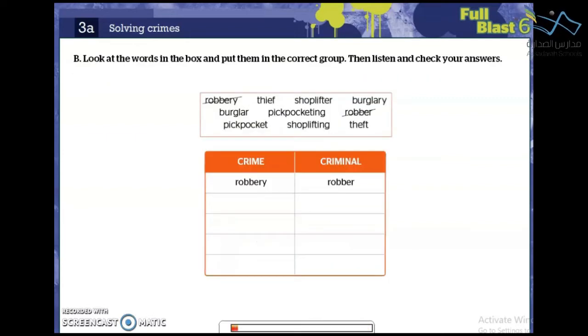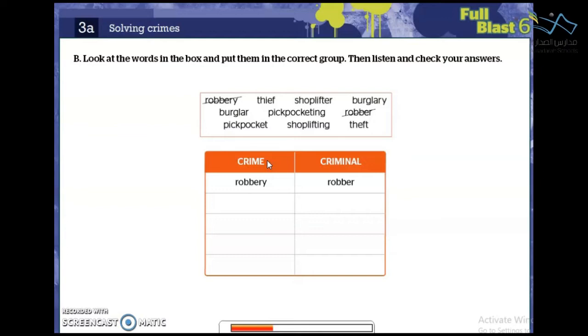B. Look at the words in the box and put them in the correct group. Then listen and check your answers. At the top of these 2 columns, we have 2 words, and we're going to fill these 2 columns according to these words. The first one, we have the word crime, which we described at the beginning of this lesson, which is an illegal act for which someone can be punished by the government.